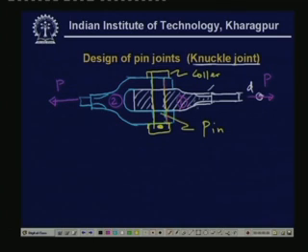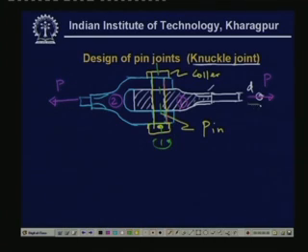Now you see that these two rods can rotate. If you remember the top view, it can rotate freely about this axis. So this joint cannot normally take a compressive stress. It can take large tensile stress, but it cannot take much compressive stress, because it is flexible and can rotate.